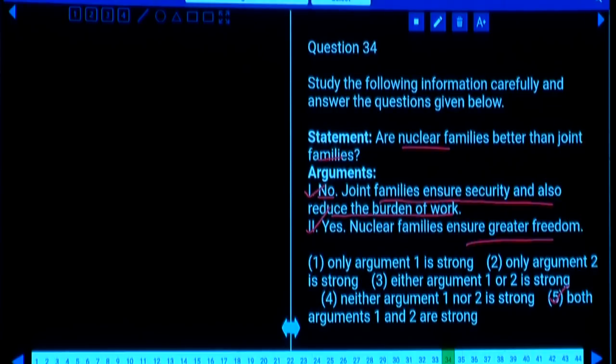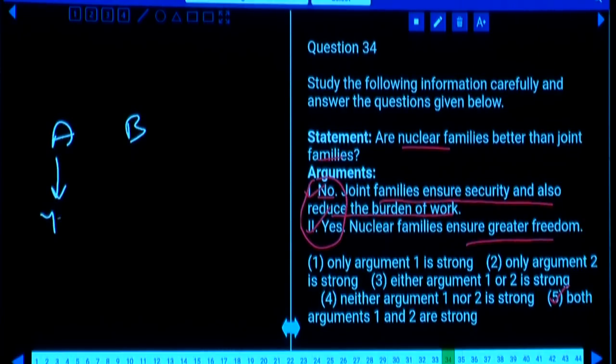Whether it is choice 5 or choice 3. Then what is the difference between either-or and both? Now sir, yes and no cannot ensure you either-or. Yes means there are two people, A is one person, B is another person. One person is arguing with respect to yes, and another person is giving his logic with respect to no. Now we should say whether each person is strong enough to prove his argument. When will you get either-or?